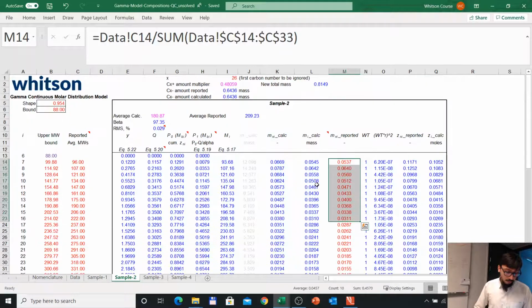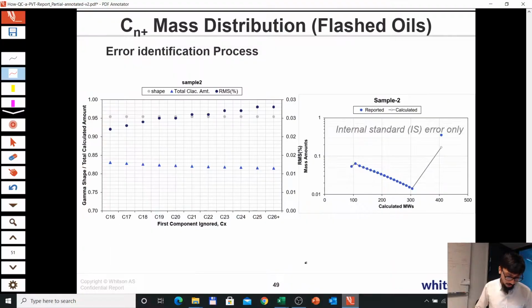So again, to identify the problem, we do the same exercise here, and plot the numbers, RMS and total calculated amounts. So now we need to find out first what the Cx value is. Again, the definition of Cx, we can just write it here so we remember.